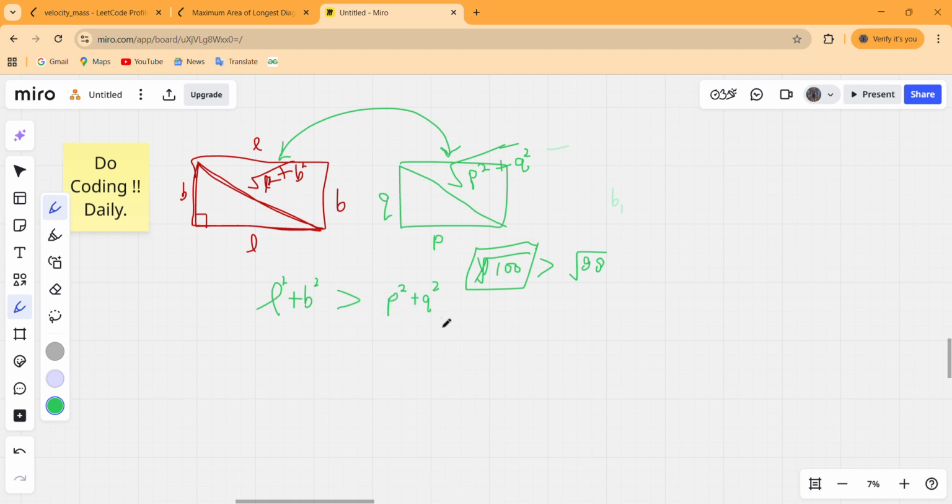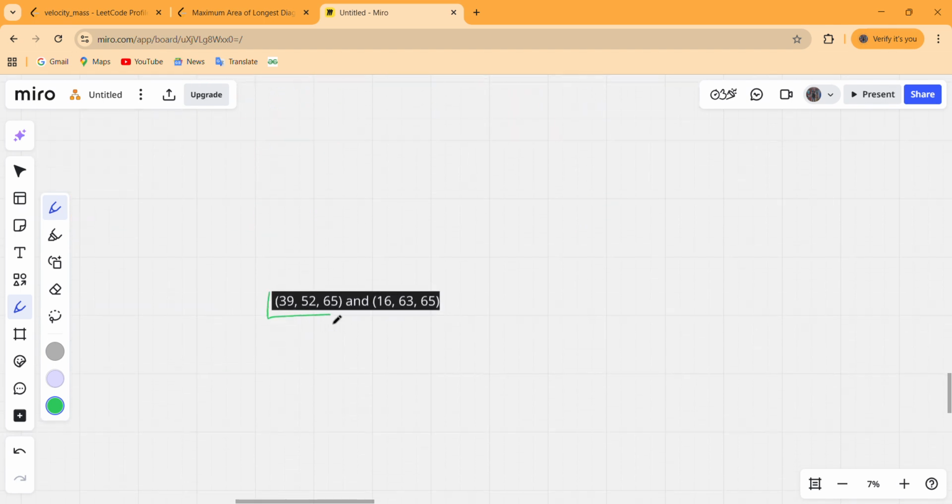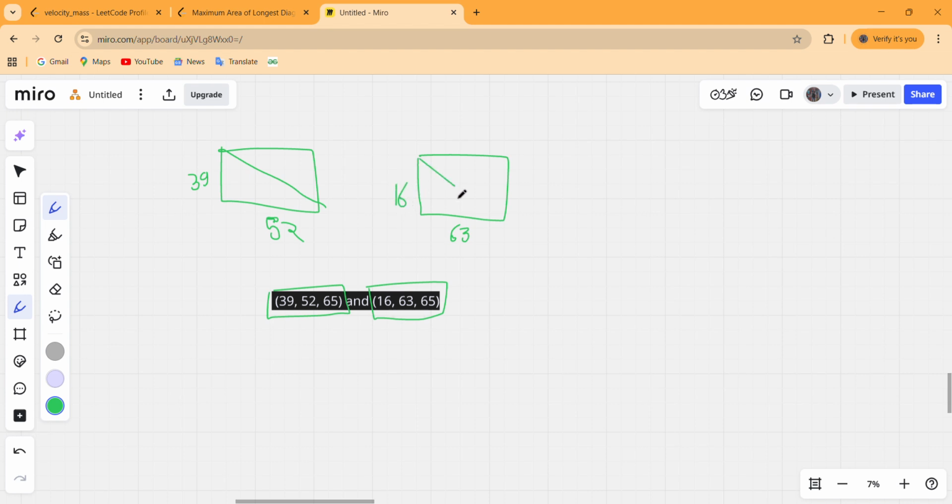Now if we have two rectangles that have the same diagonal length, what do we have to do in that case? Let us suppose this triplet. If we have the dimensions as 52 cross 39, that will give us a diagonal length of 65, and the dimensions of 63 cross 16 will give us a diagonal length of 65 as well.